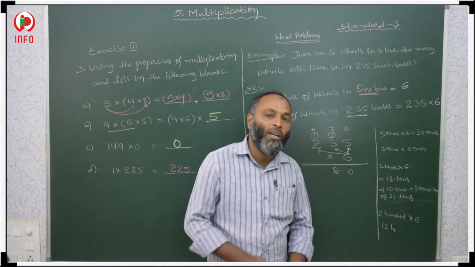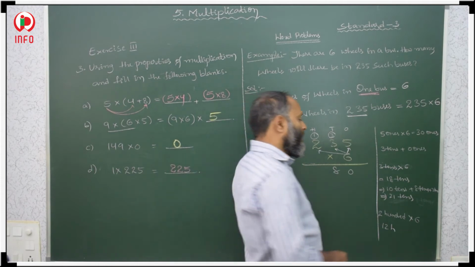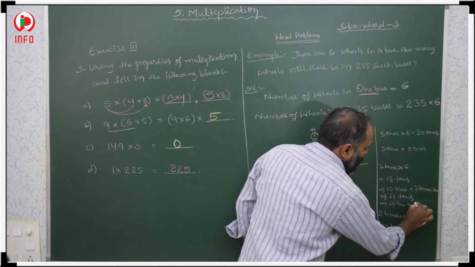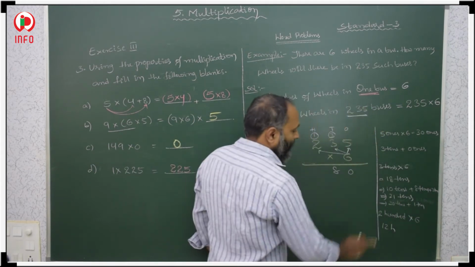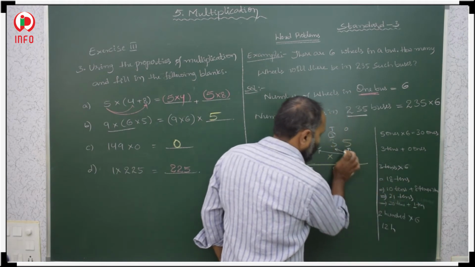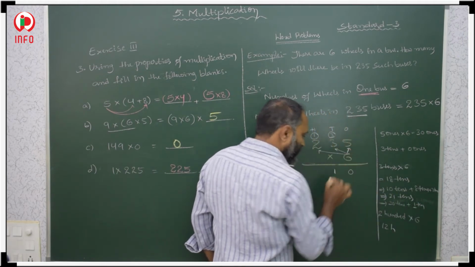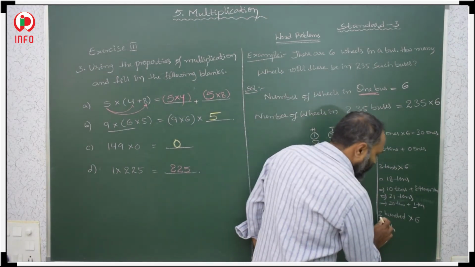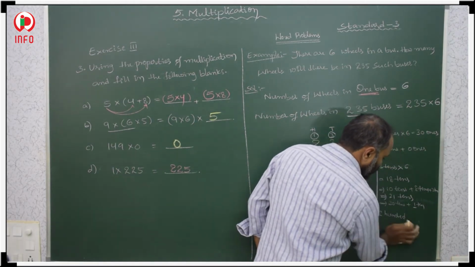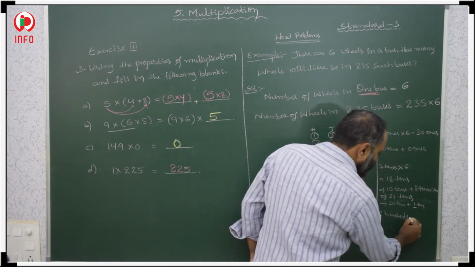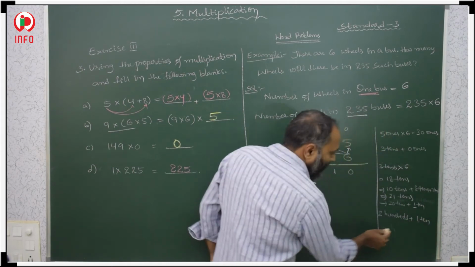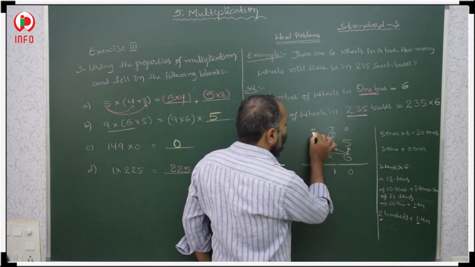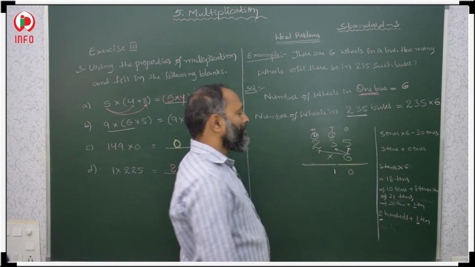How to make this 21 tens? 20 tens plus 1 ten. 20 tens is equal to 200. So 1 is in the tens place, and 2 in the hundreds place.